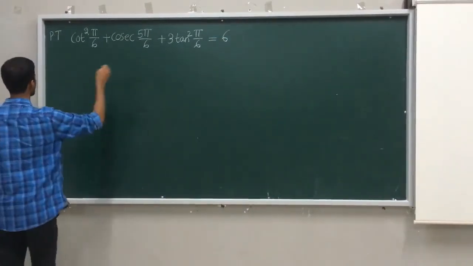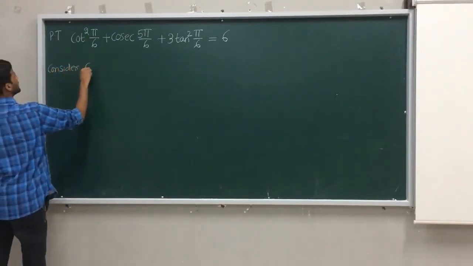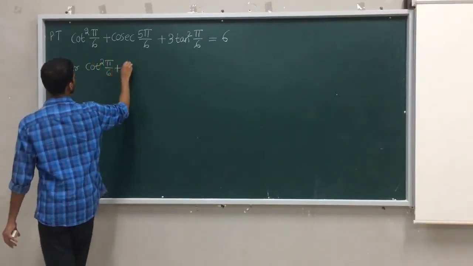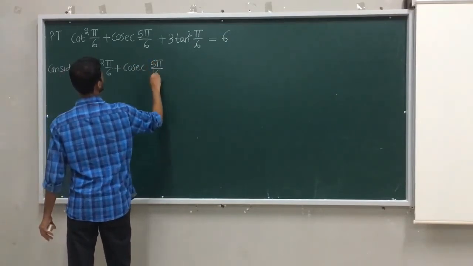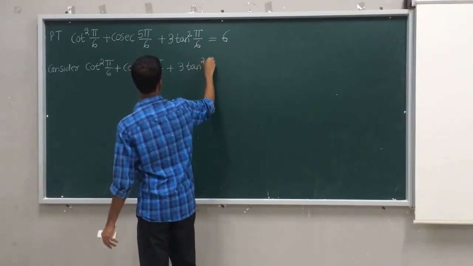As per the rule, let me consider the left hand side, that is cot square pi by 6 plus cosec 5 pi by 6 plus 3 tan square pi by 6.